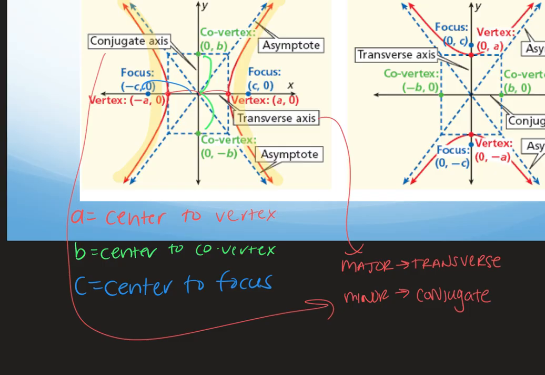So if it says the transverse axis is 20 units long, then the transverse is just like your major, which would be 2A, and that tells you A is 10. If it says the conjugate axis is 12 units long, then that tells you B is 6. So major, transverse; minor, conjugate.